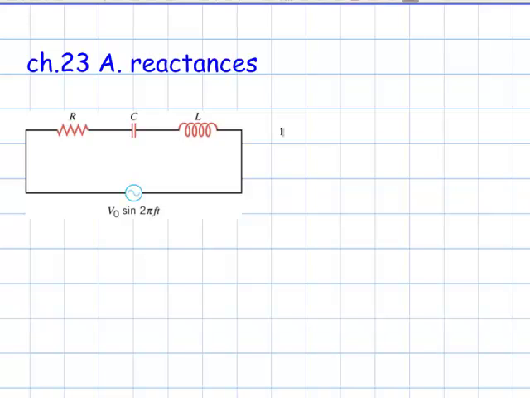And from that results the impedance, written as Z equals the square root of R squared plus the reactances XL minus XC, and those two are squared, and take the square root of that.